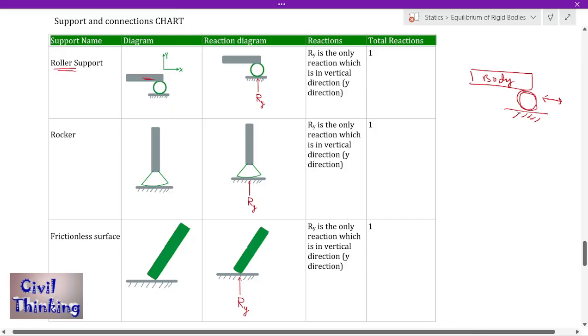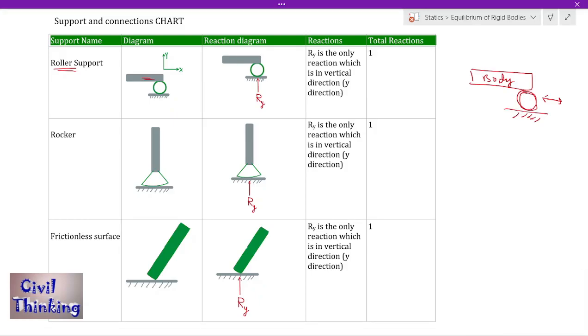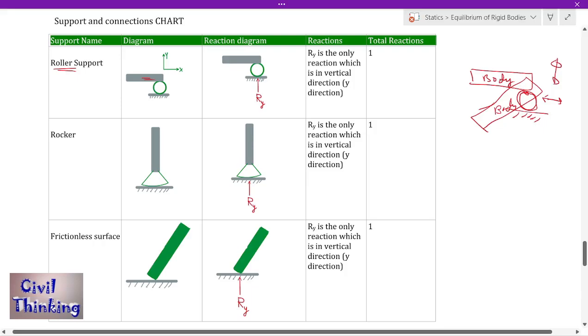You can also rotate it here. The roller will not stop you from rotating, and there is only one motion stopper. Which is it? It is up down. Can you move this body downwards?